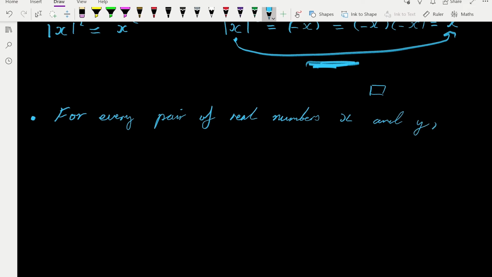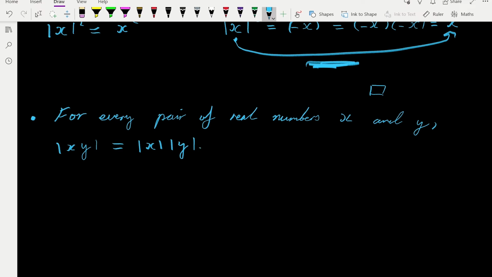Well, if we took the absolute value of x times y, so multiply x and y and then take their absolute value, turns out that you would just get the same thing as if you took the absolute value of x and the absolute value of y on their own and then multiplied the results together. Okay, so let's prove this.